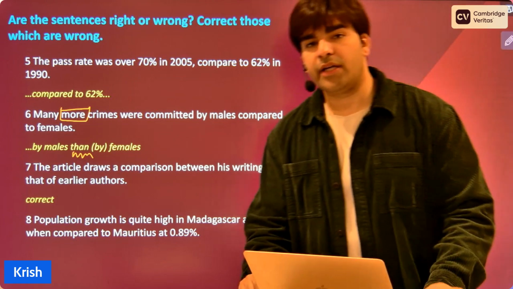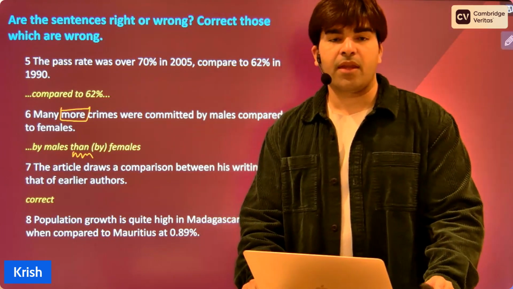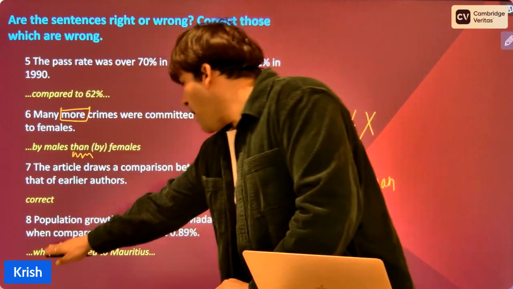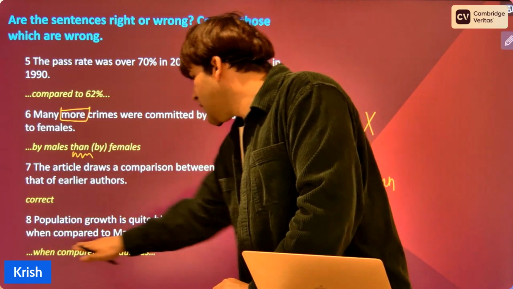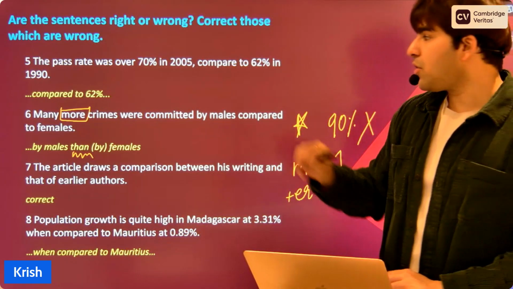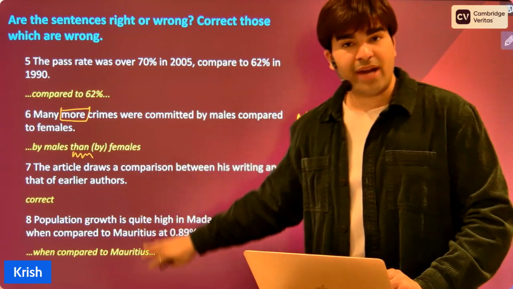There is absolutely no difference in the answer. It is when compared to Mauritius here versus when compared to Mauritius here. No difference at all. It is correct as well.